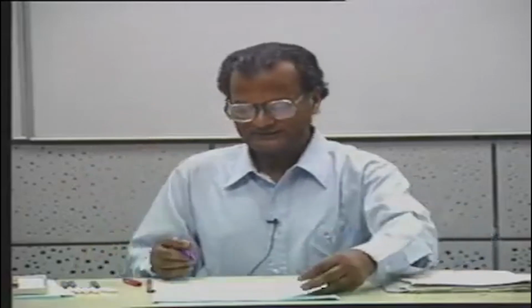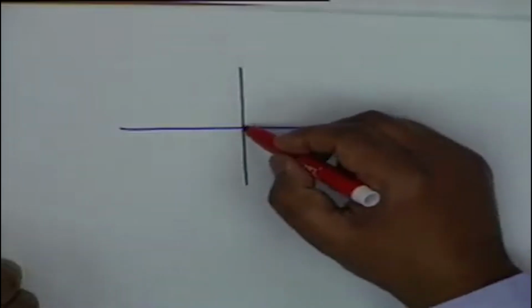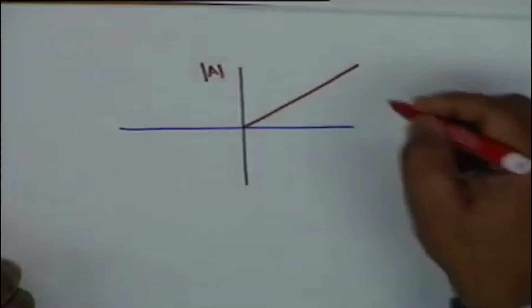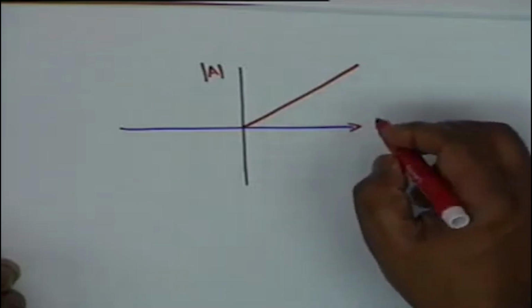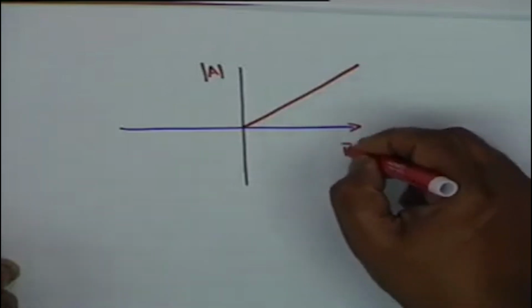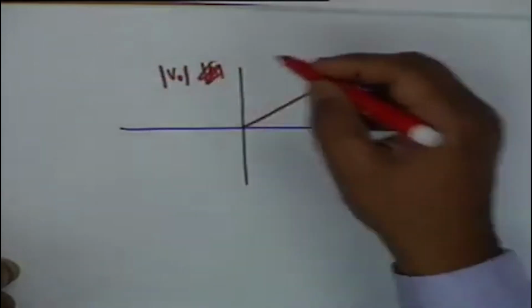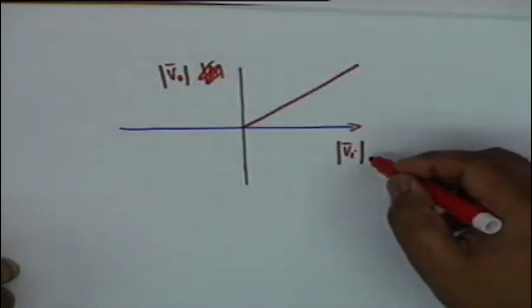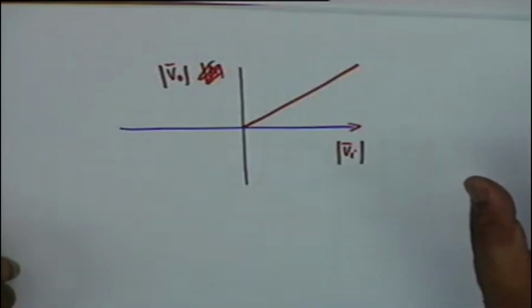But suppose you have an amplifier whose ideal characteristic would be like this. Okay, the output versus input signal strength, V0 versus Vi, it should be a straight line, all right, with a slope of magnitude of A.